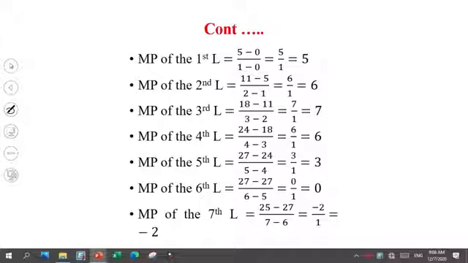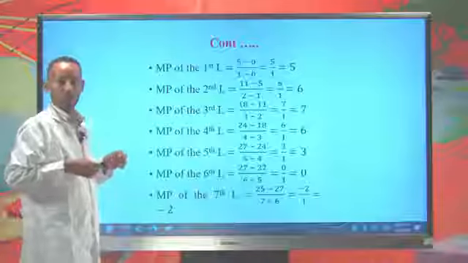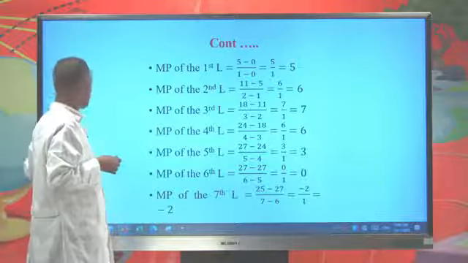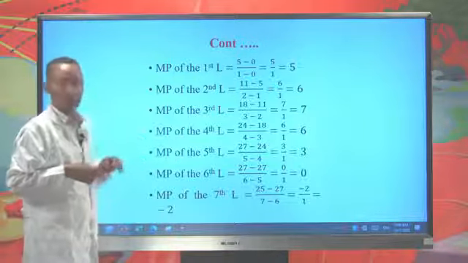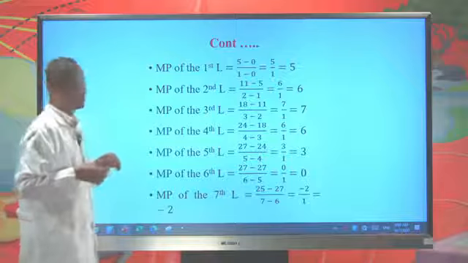Mathematically, we saw the way of calculating the marginal product of the variable input labor based on the table that we saw on the farm model. This is the way of calculating the marginal product of the variable input labor.